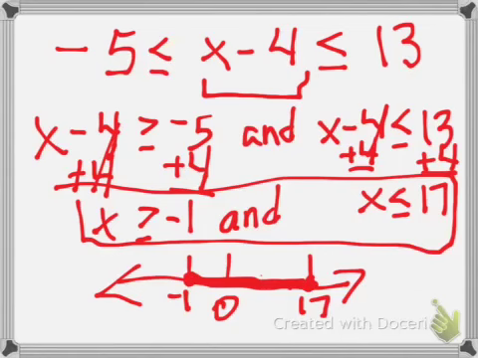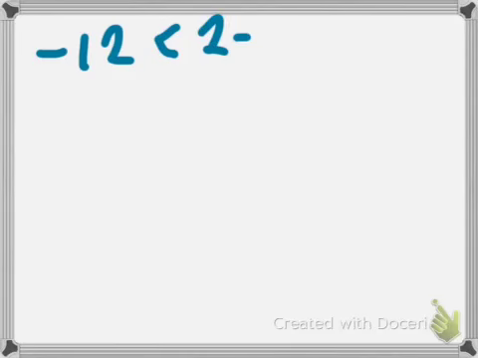Let's see if I can get it to clear. Okay. For the next one, we're going to do negative 12 is less than 2 minus 5x is less than or equal to 17.